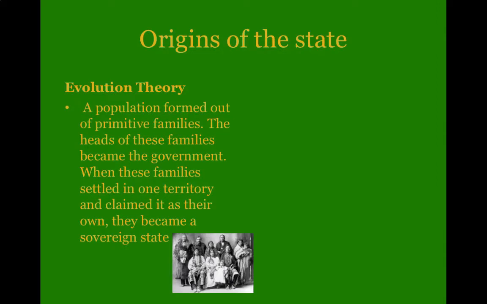They create a government, and eventually, when all of these families settle in one particular territory, they lay claim to it, and then they become a sovereign state. This is something you see with Indian tribes, or more primitive societies, where it just evolves out of necessity because more and more people settle on a particular piece of ground.